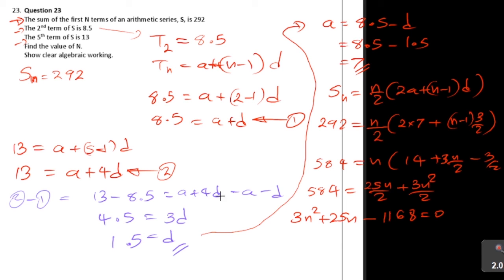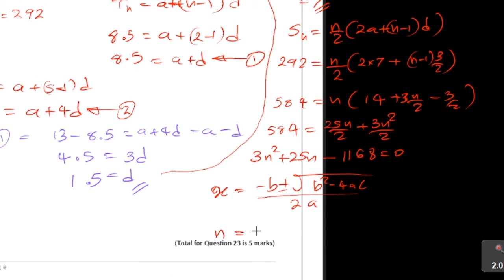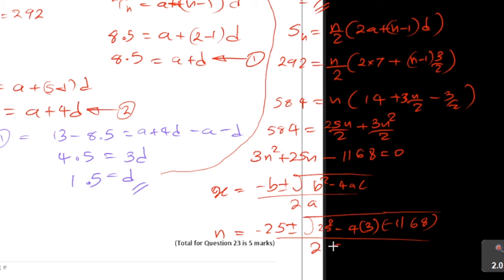You can use the formula to find it. It is the easiest when you have such a large equation. I'm going to use x equals minus b plus or minus the square root of b squared minus 4ac, divided by 2a. n equals minus b, so minus 25 plus or minus the square root of 25 to the power 2 minus 4 into 3 into c. c is a bigger value, but it is minus 1168, divided by 2 times 3.